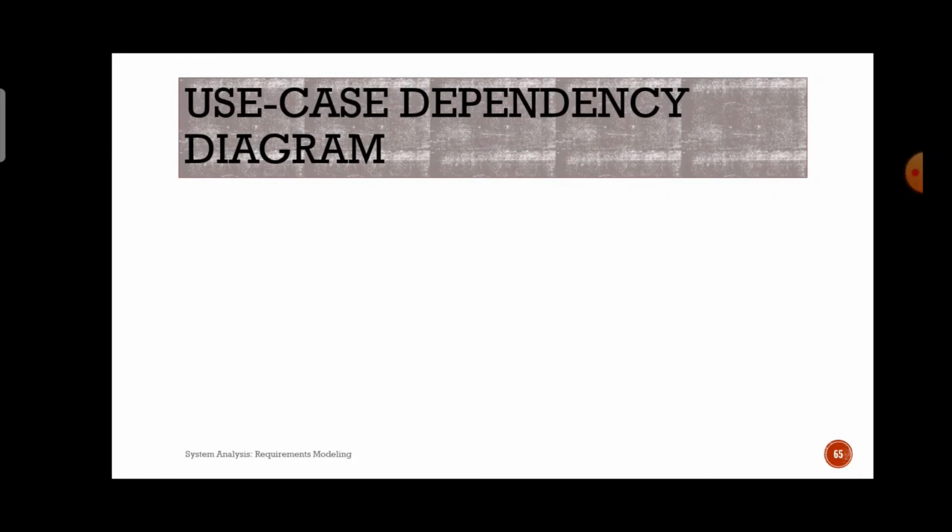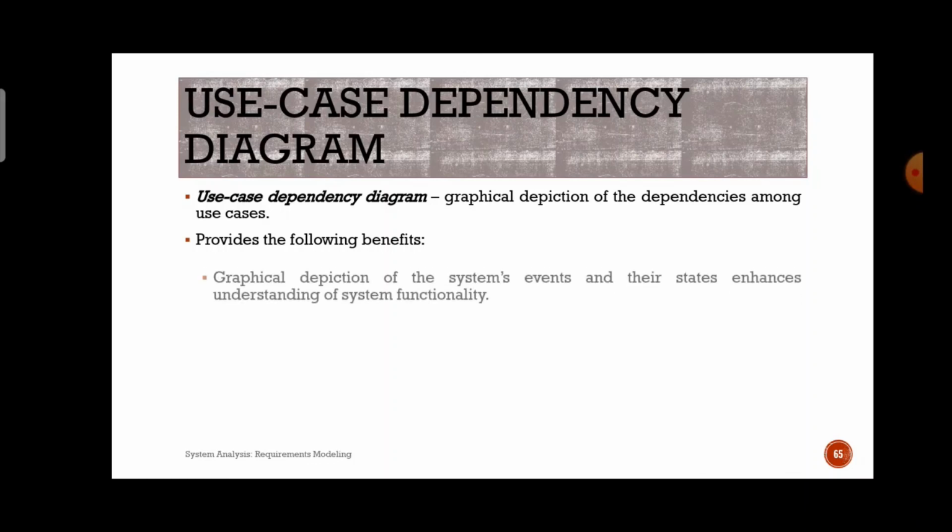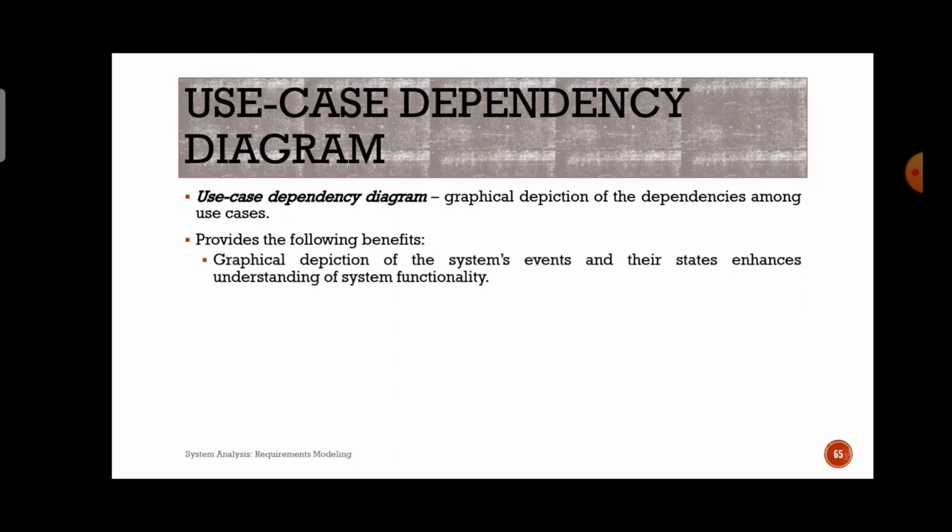The use case dependency diagram. A use case dependency diagram is a graphical depiction of the dependencies among use cases. It provides the following benefits: a graphical depiction of the systems, events, and their states enhances understanding of system functionality.